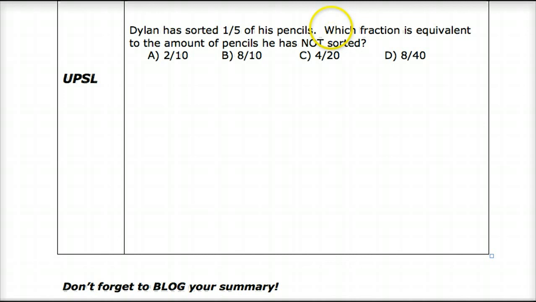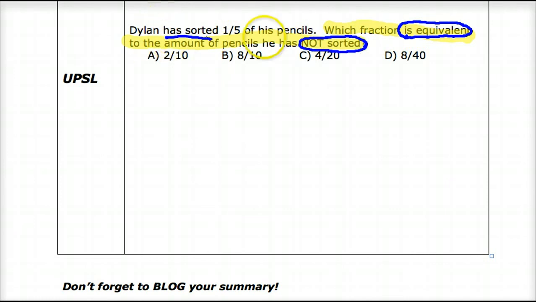We see that it's asking us which fraction is equivalent to the amount of pencils he has not sorted. As we go back and find our key phrases, they want to know which fraction is equivalent to the amount of pencils he has not sorted. We know that he has sorted 1/5.